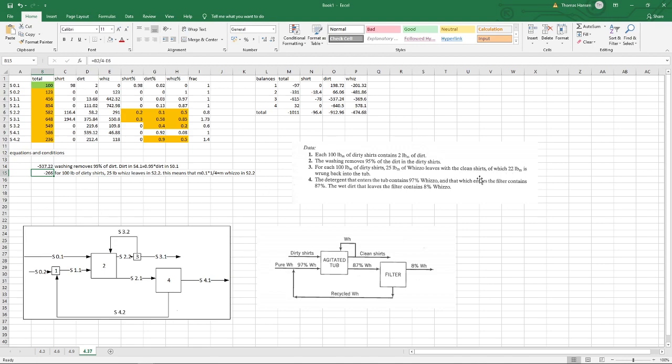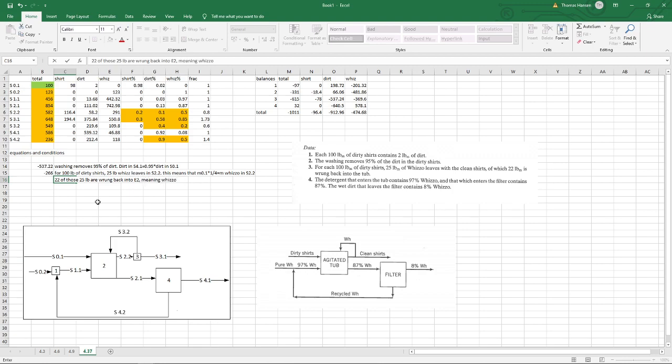Then we're being told that of those 25, 22 pounds will be recycled in our 3,2 stream. So 22 of those 25 pounds are run back into our second unit.